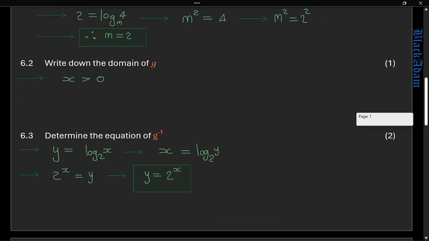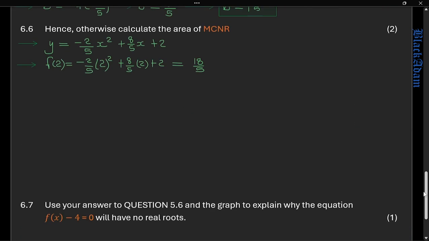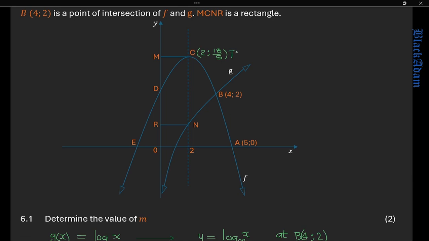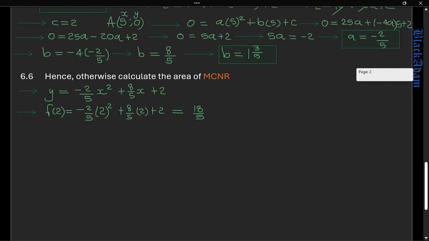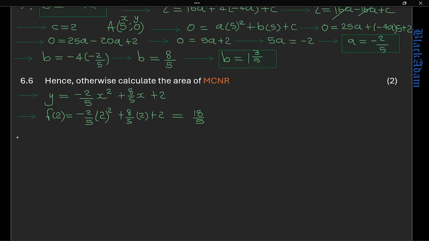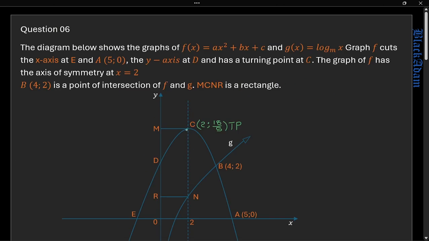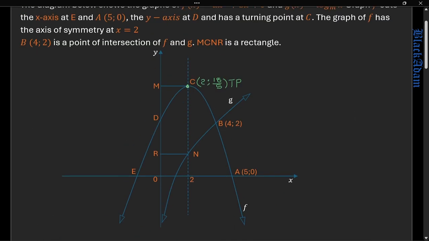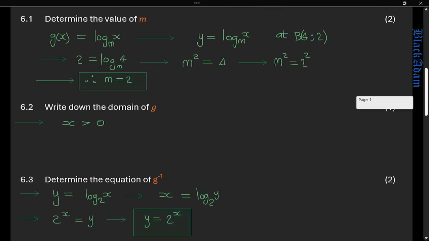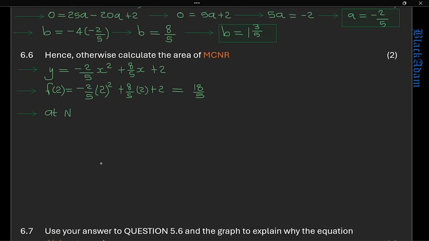And the next thing we need to know is the distance between n and the axis. So we need to use another graph there at n. It's between c and n. We need to know that distance there. Okay, so our x there is 2. So when it's 2, what does the other graph give us?